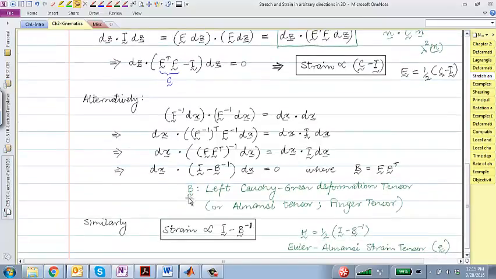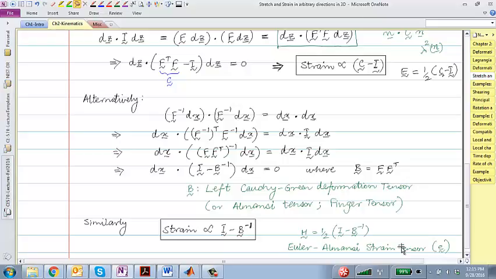People denote that with B. And again, this quantity I minus B inverse is proportional to strain. So another definition of strain is I minus B inverse and a factor of half. That's the Euler-Almansi strain.